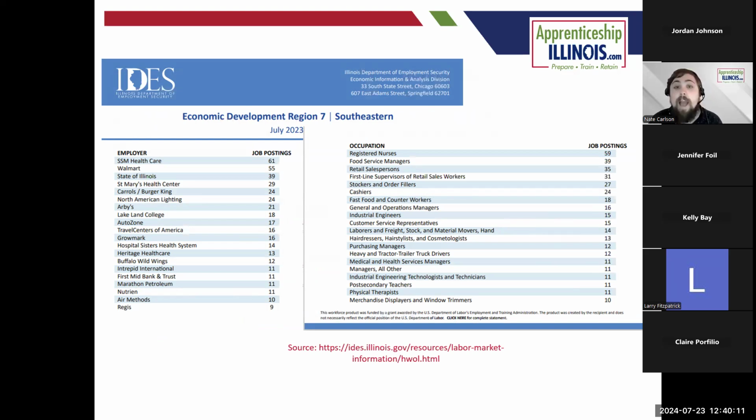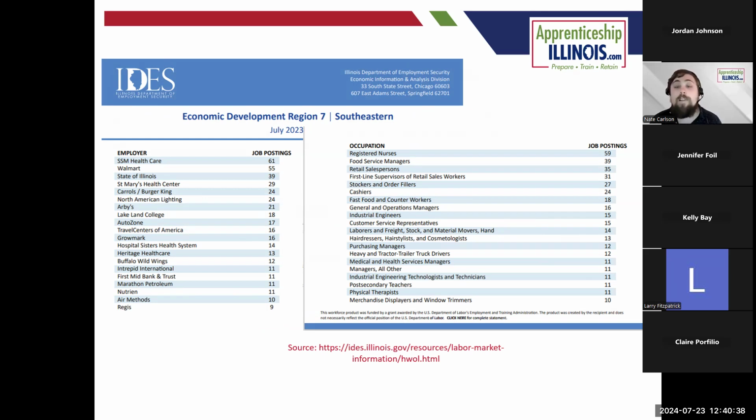And it shows us the top occupations that have been posted for that month to the online job boards. And so not all of those occupations are necessarily going to be apprenticeable, but if we even just look down the list here, we see things like registered nurses, industrial engineers, heavy and tractor trailer truck drivers, post-secondary teachers, all of these occupations which are apprenticeable that we could develop programs for.